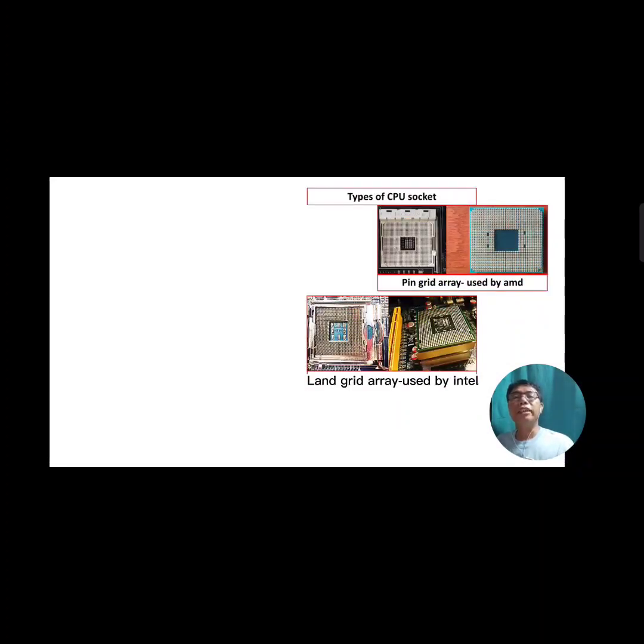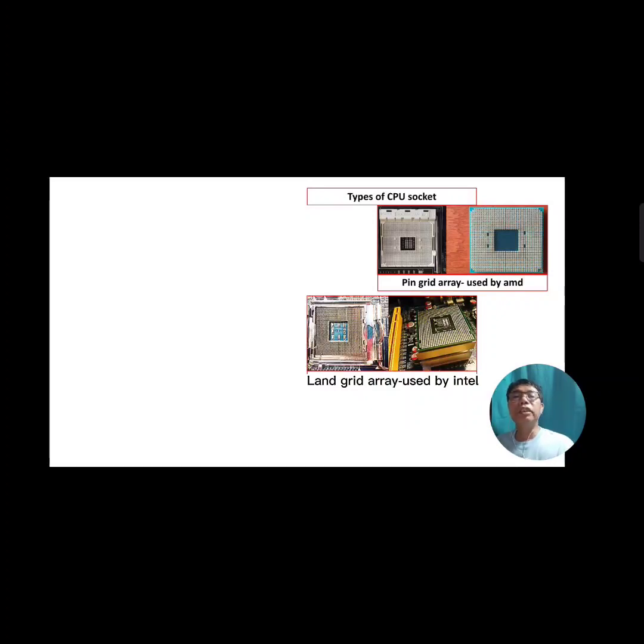Okay, next one, the one you see on the right side are the two types of CPU socket. We have here the pin grid array used by AMD. Then we have here the LAN grid.